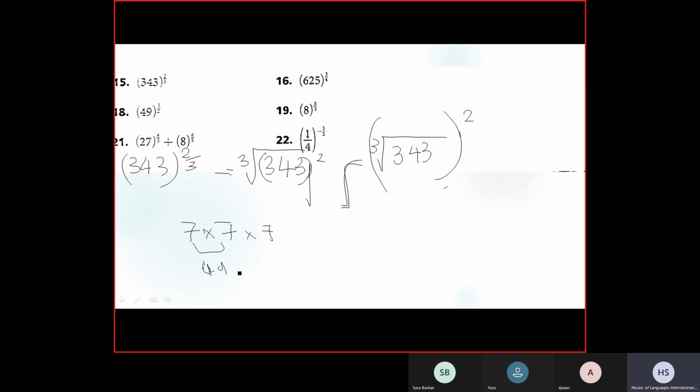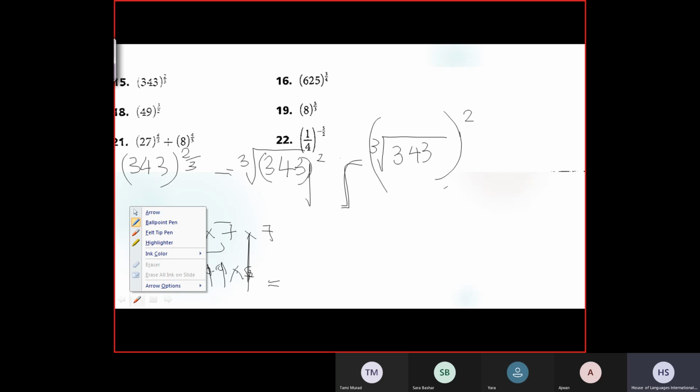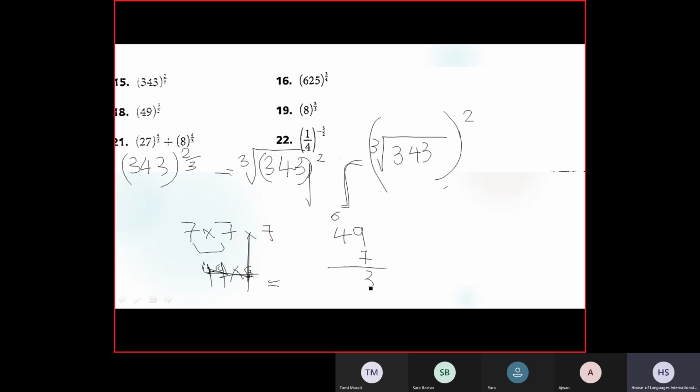Now 49 times 7. 7 times 9 is 63. 7 times 4 is 28, plus 6, 34. So that means 7 times 7 times 7 is 343.